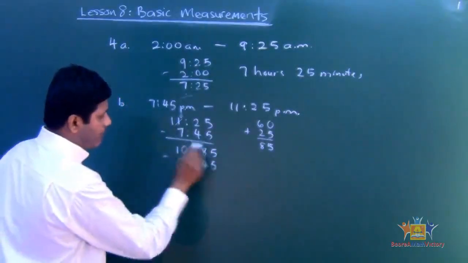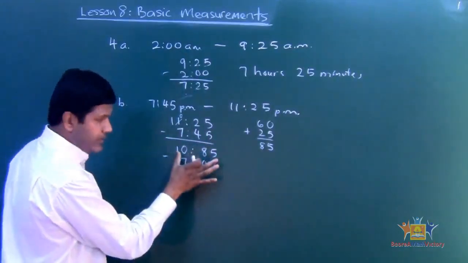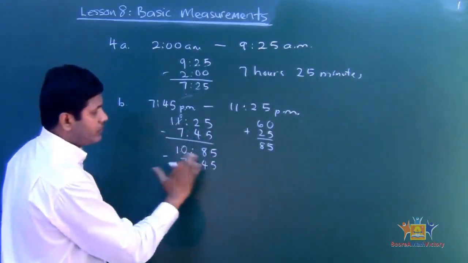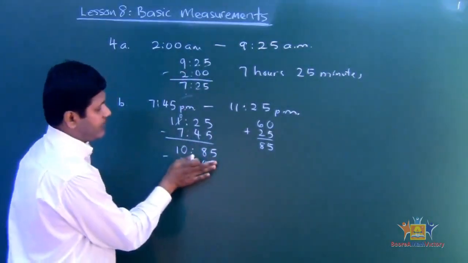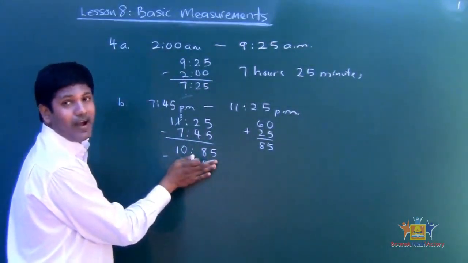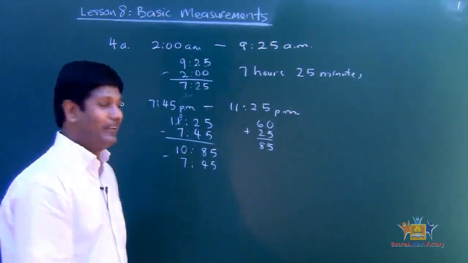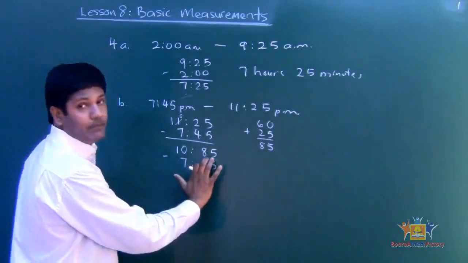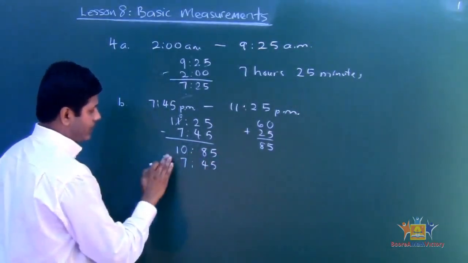Now this is not a proper way of expressing the answer or anything, you know. But in the working you can do that. We convert it in this format so that we can solve the problem. But if I were to express it, I'd never tell anybody 10:85, you know, that 10 hours and 85 minutes. There's no such thing, alright? But in a working, yes, you can do that. Alright? So now we line it up. Now we can subtract, okay?